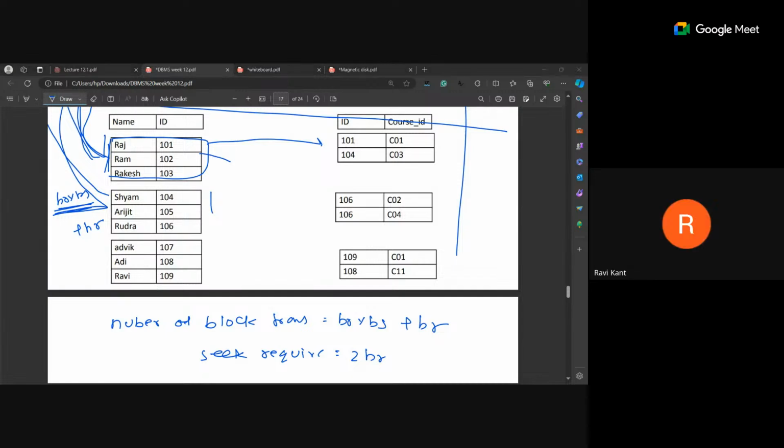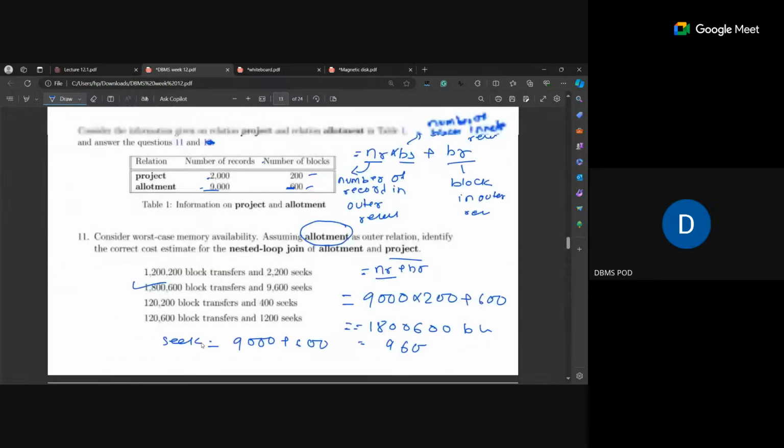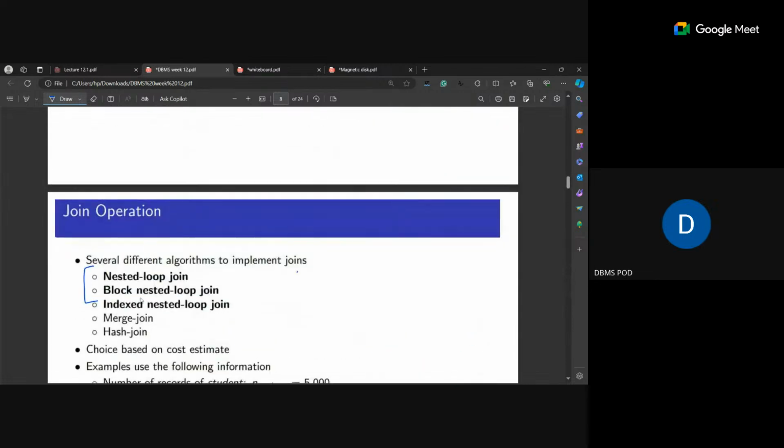You have written BR into BS plus BR, right? Correct. So why are we taking these many things? This is called block nested loop join. Previously it was the nested loop join. Now we are doing it block by block. So there are two types of join: nested loop join and block nested loop join.